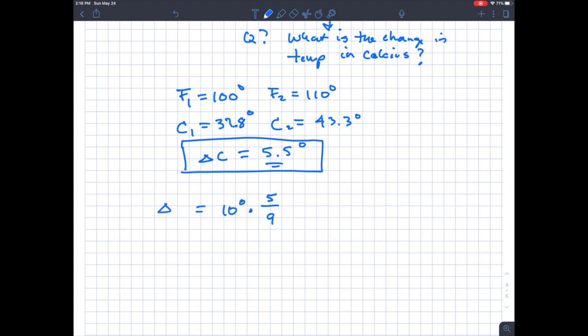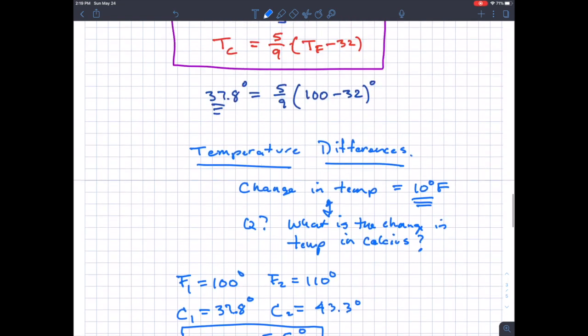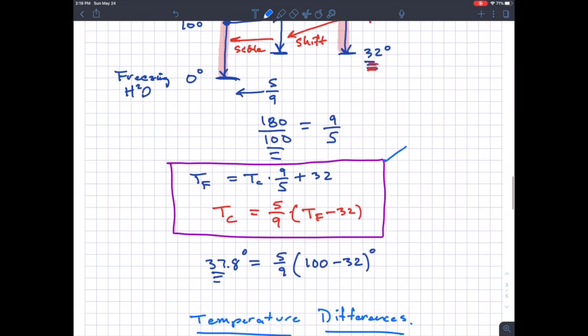If I do that math, hey Siri, what is 10 times 5 divided by 9? 10 times 5 divided by 9 is about 5.5555. So in the previous answer, we rounded off too early. These answers actually match. So there's some insight into temperature conversions.